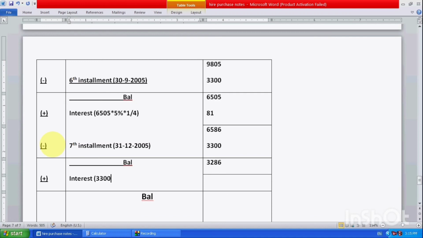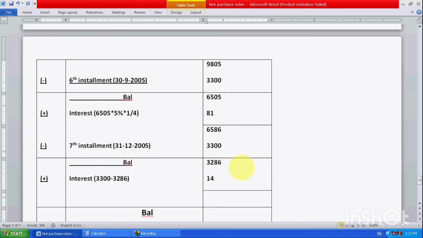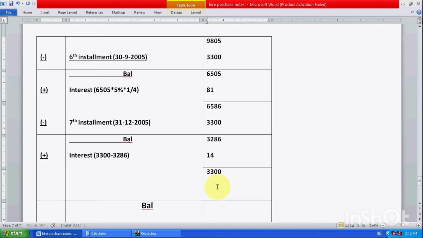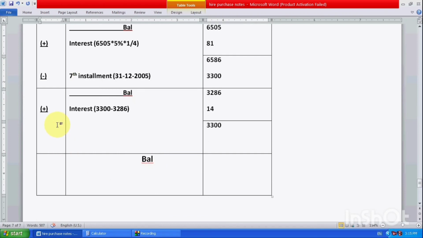Here there is no need to multiply with 5% or anything; directly 3,300 installment minus 3,286, the remaining balance. So how much interest is it? 14. We just have 14 rupees for interest, so the overall is 3,300.